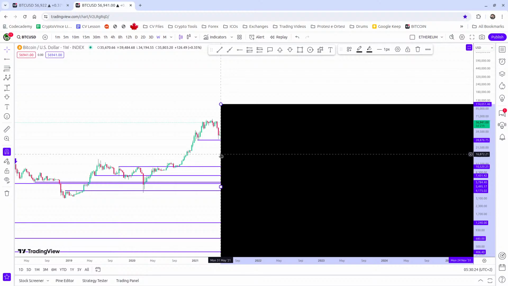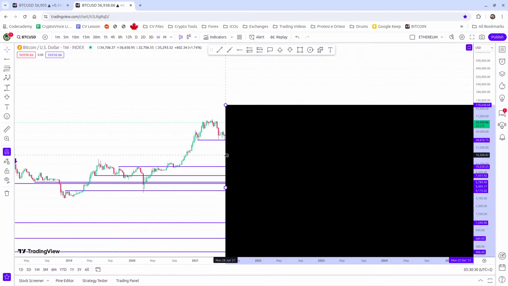Because we're still in a bullish trend. Okay, we just made a low, but we didn't make a lower low. So let's keep watching. Price bounces on demand, on support, however you want to call it. Goes up again.